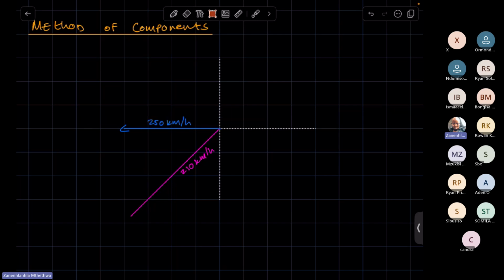Right. Now, using the method of components, the vectors we need to annotate in a way that shows which axis the vector is on.